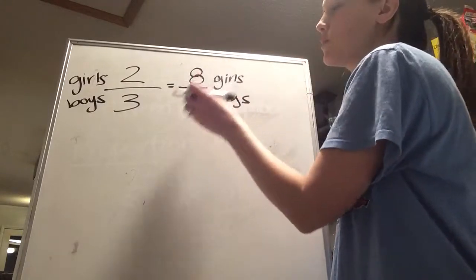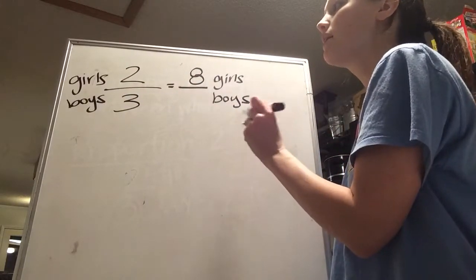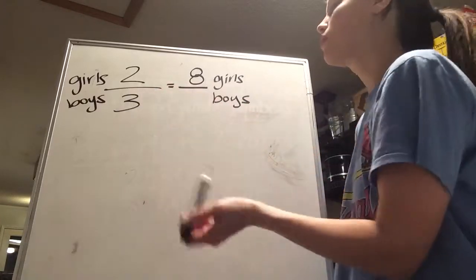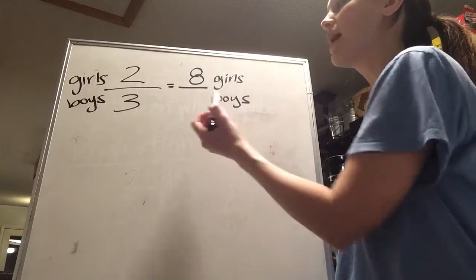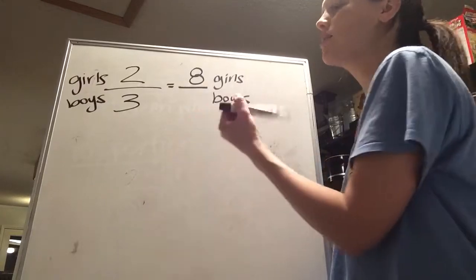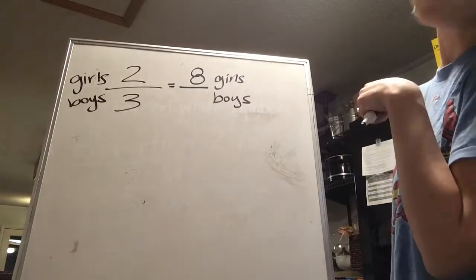So in this we're dealing with 2 ratios, or a proportion. So saying in a class, if you had 2 girls to 3 boys, this would be similar to 8 girls with how many boys in a class. And there are 3 ways to figure this out.